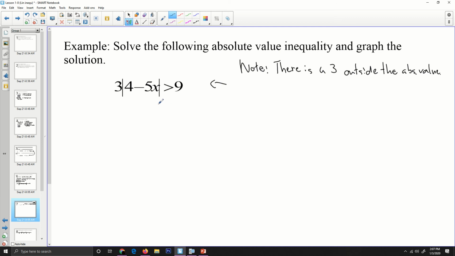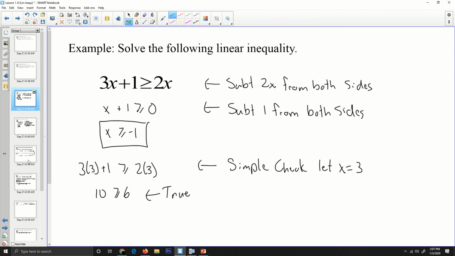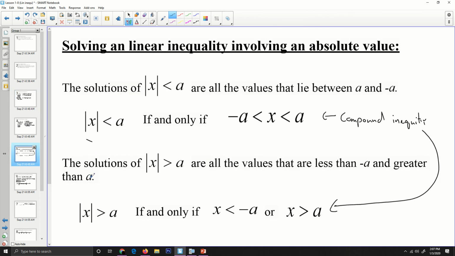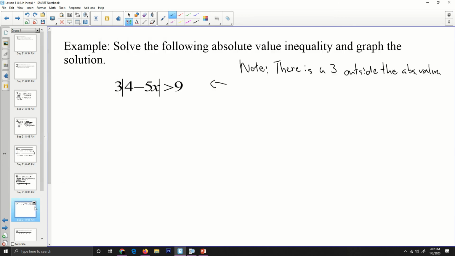And so we have to deal with that first. All right, so we can't set up the compound inequality until everything is gone from the absolute value. I have to deal with that last.